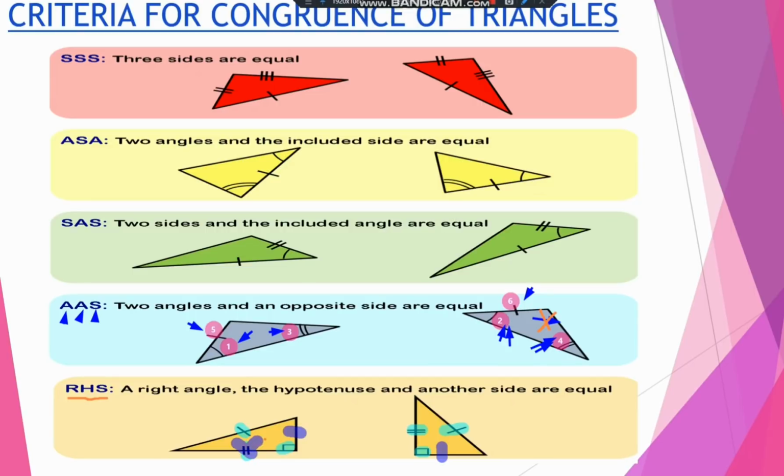If you are not taking this side and you are taking the other pair, that is also okay. So one will be this, another will be this hypotenuse, and third will be this. Then also it is RHS. S can be any one side.